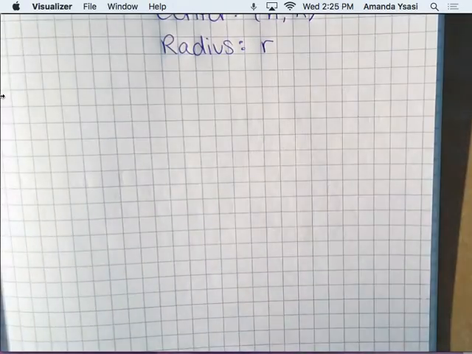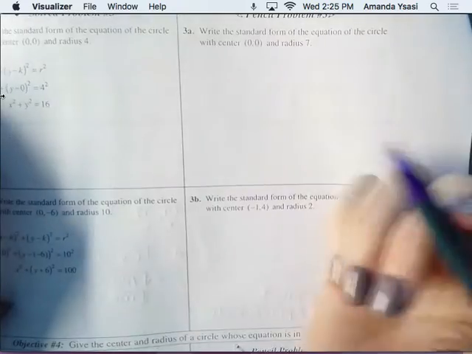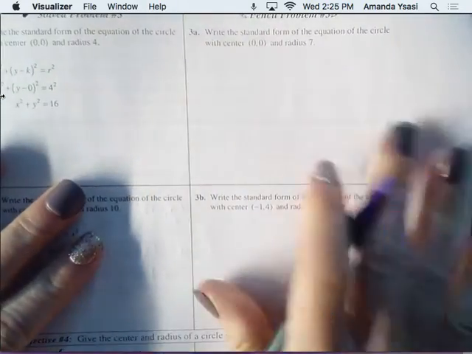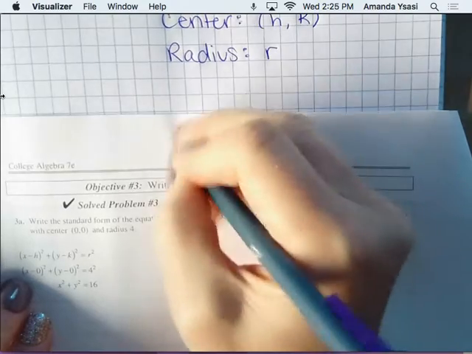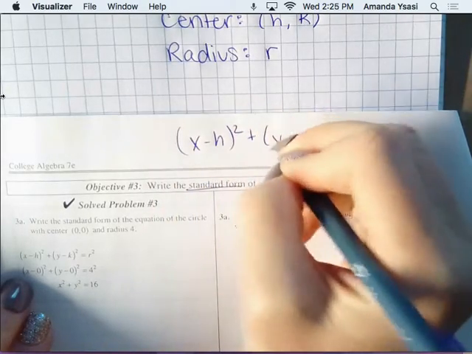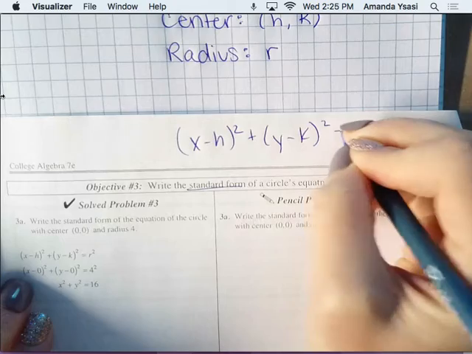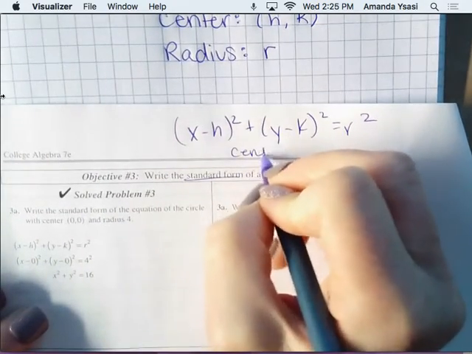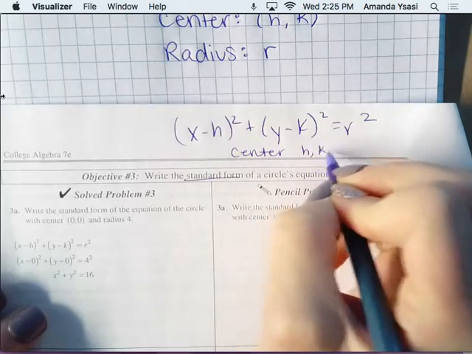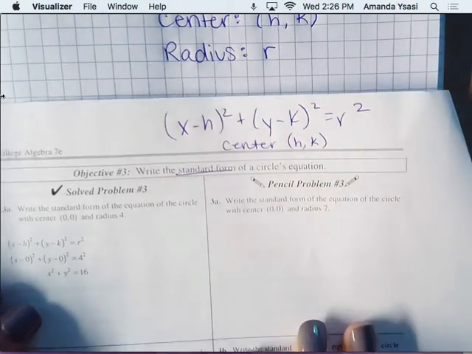Okay, the next problem is writing the standard form. The standard form is what I gave y'all: x minus h squared plus y minus k squared equals r squared, where your center is h, k and your radius is r.